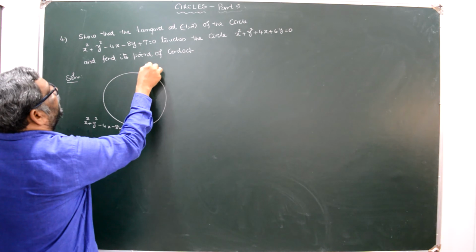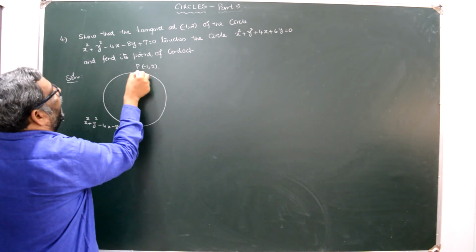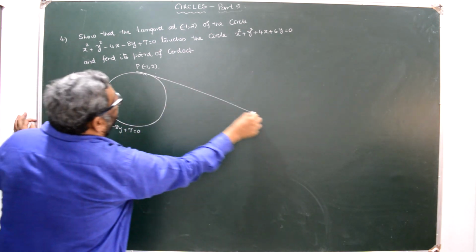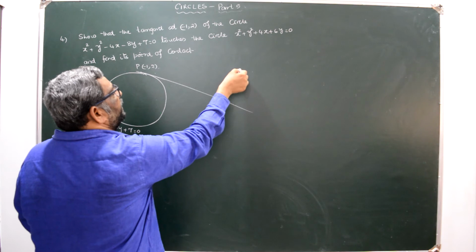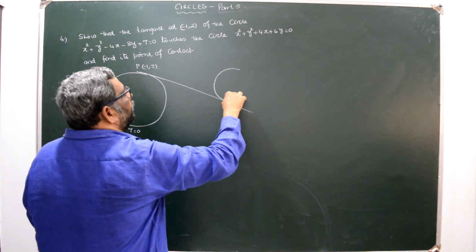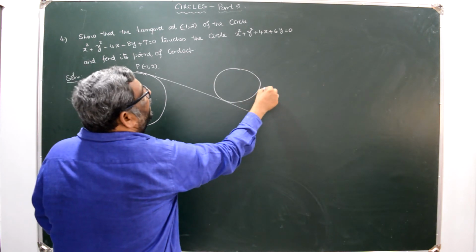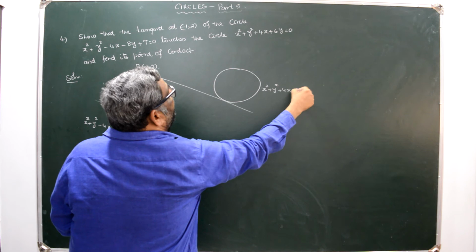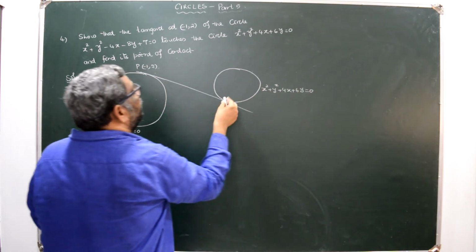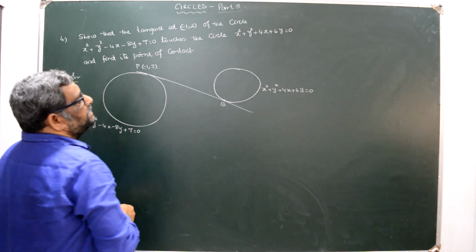At a point minus 1 comma 2, you can take this as P, a tangent has been drawn. We are asked to show that this will touch the circle x square plus y square plus 4x plus 6y is equal to 0 at a certain point B, and we are asked to find out B.